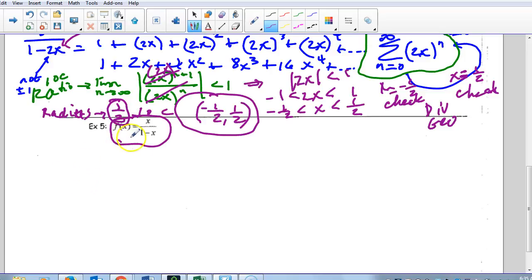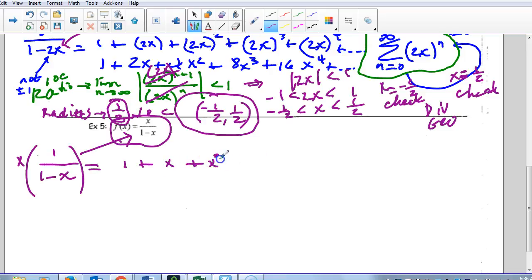Either way, this is Big Mama being multiplied by x. So it's 1 over 1 minus x. I'm going to try to make this straight. Okay, so I've got 1 minus x, and there's an x on the outside. This is how I'm generating the series. So I know Big Mama is 1 plus x plus x squared plus x cubed plus x to the 4th plus blah, blah, blah, the sum of x to the n from 0 to infinity.